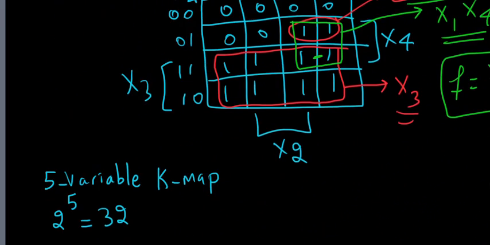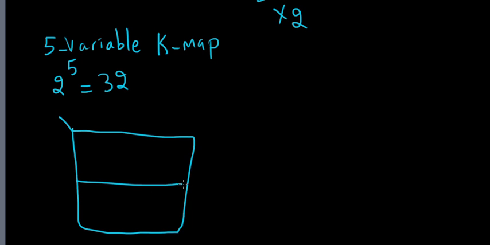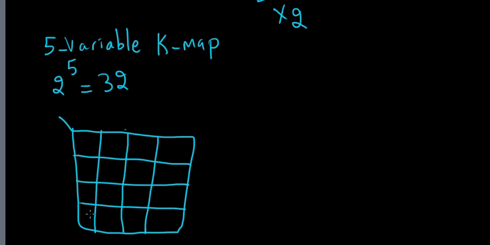In other words, a whole 4 variable KMAP will be your x5 being a 0, and the other whole 16 cell KMAP will be your x5 being a 1. So you can see here we're only using 4 variables, and obviously that's not the case for 5 variable. We need a 5th one.